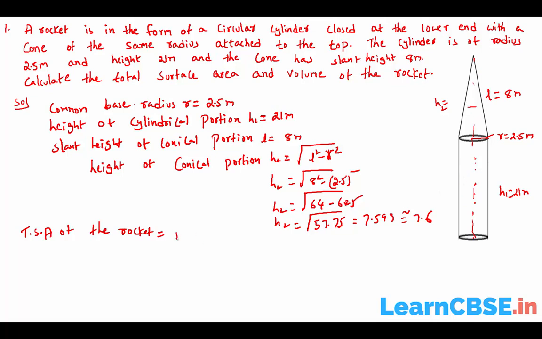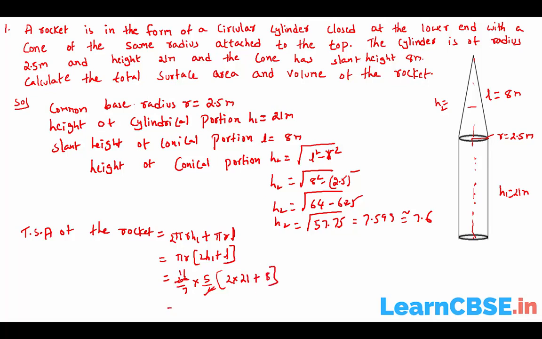That means 2 pi r h1 plus pi r L. If you take pi r common, pi r (2 h1 plus L). Pi is 22 by 7, r is 2.5, that means 5 by 2. 2 into h1, the height of the cylindrical portion 21, plus slant height 8. So 2 ones, 2 elevens.